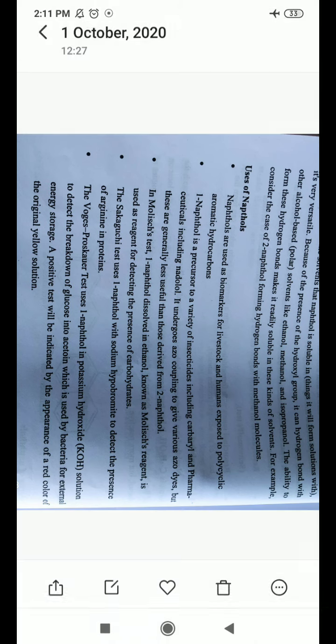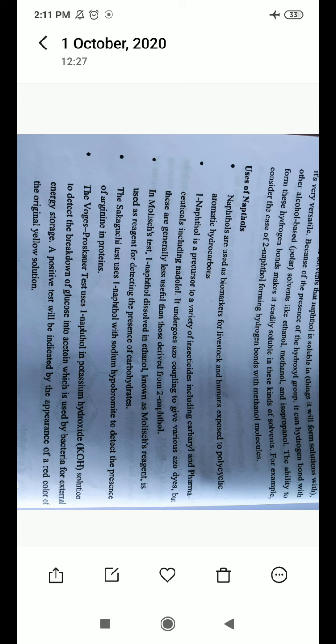It is 1-naphthol dissolved in alcohol, and this is used to detect carbohydrate. Then the Sakaguchi test uses 1-naphthol with sodium hypobromite to detect the presence of arginine in protein. This is another reagent, used here with sodium hypobromite to detect protein.